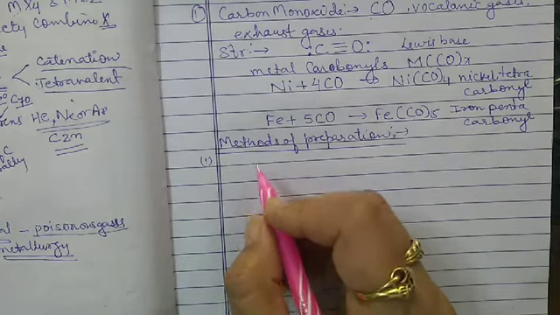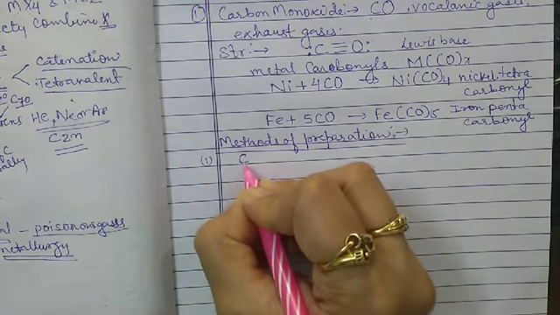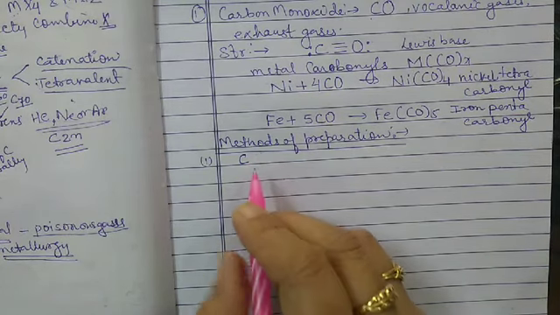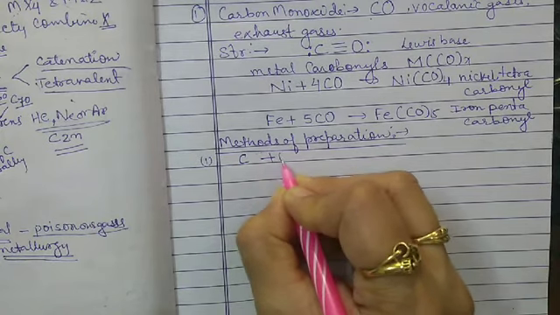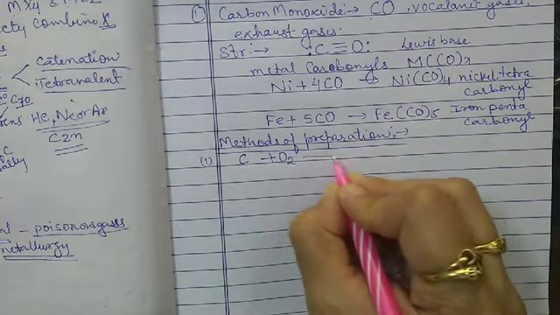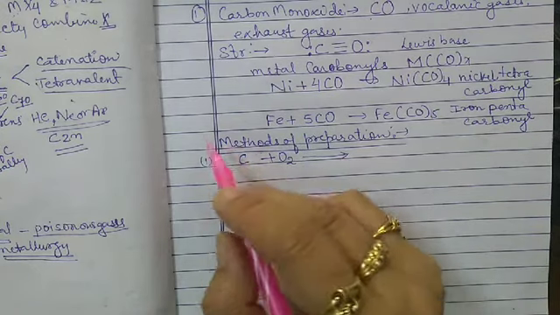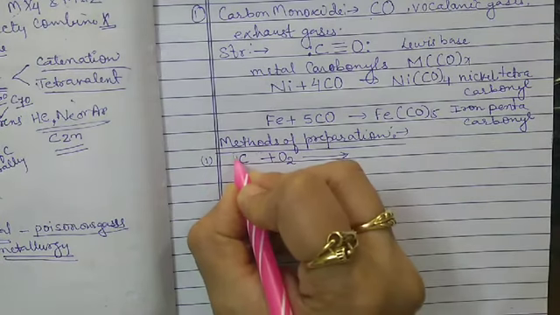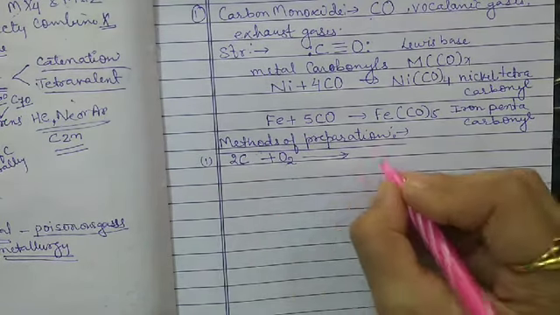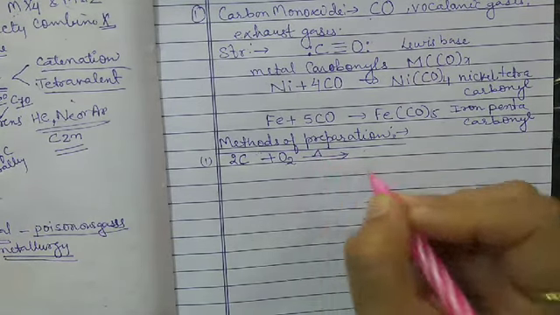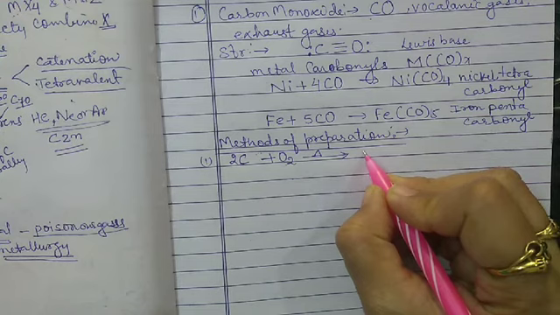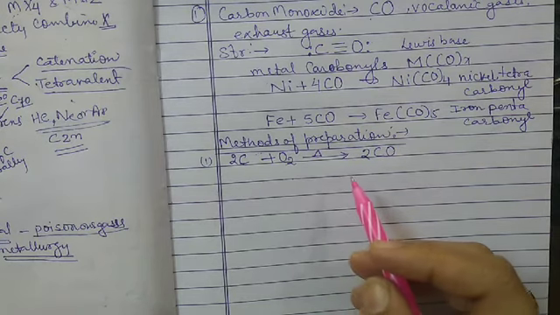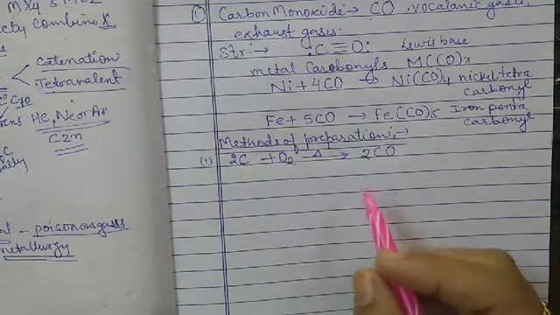When carbon is burned in a limited supply of oxygen or air, it forms carbon monoxide. So carbon burns with oxygen and we get 2CO, that is carbon monoxide.